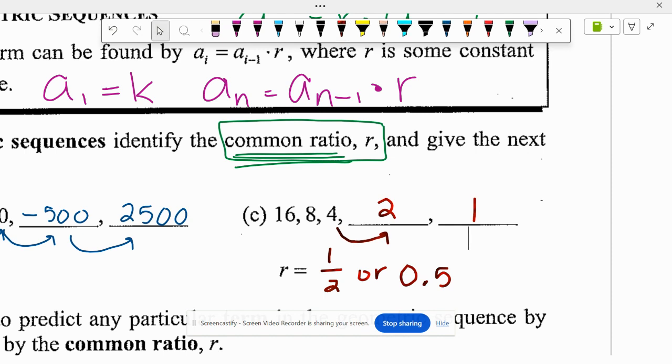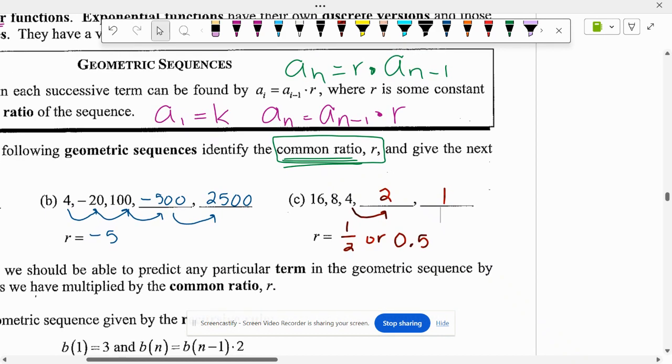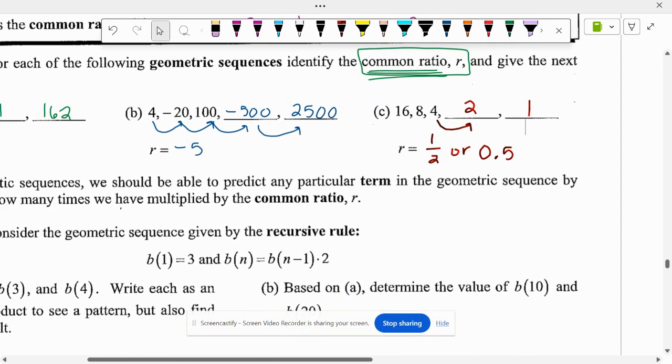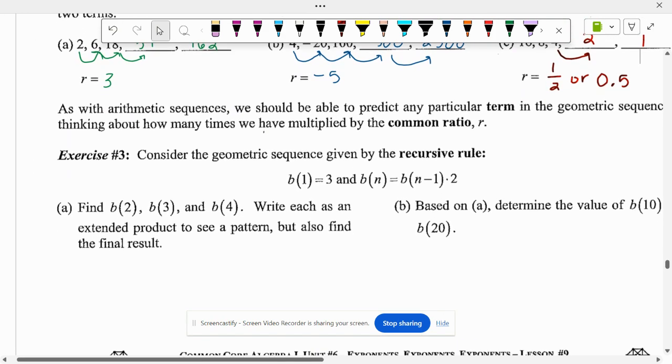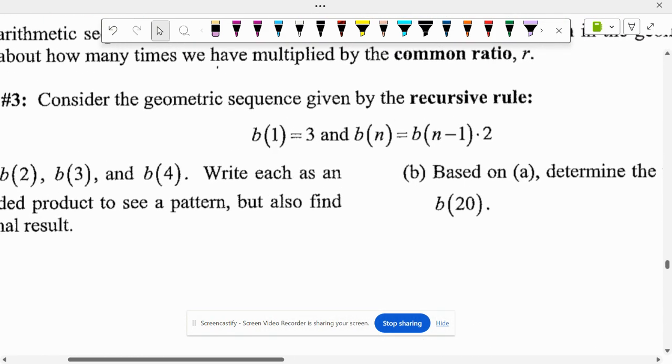Good? Yeah? Okay. So now we're going to look at a recursive formula and we're going to make some predictions about the next numbers in our list. So it says, as with an arithmetic sequence, we should be able to predict any particular term in the geometric sequence by thinking about how many times we have to multiply by the common ratio. So it's starting us off with this recursive rule.